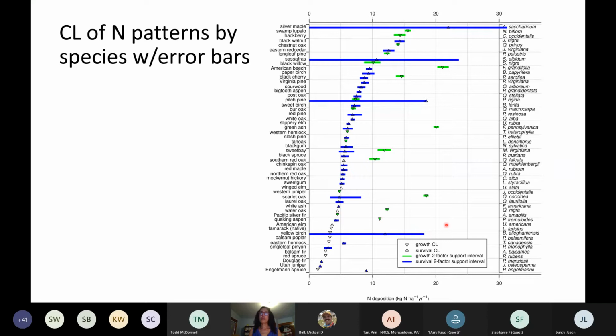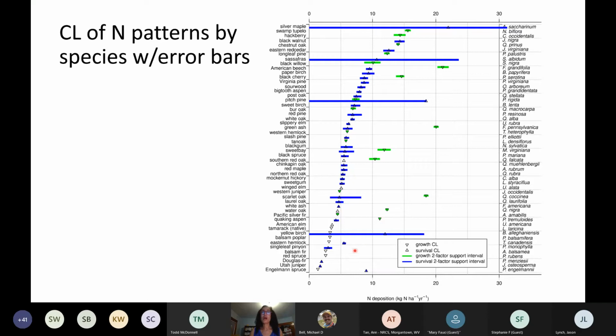So in some cases, the error bars are large, and those cases would generally be driven either by there not being that many individuals of that tree, the gradient isn't big enough to really see a response, or the response is just not that strong.